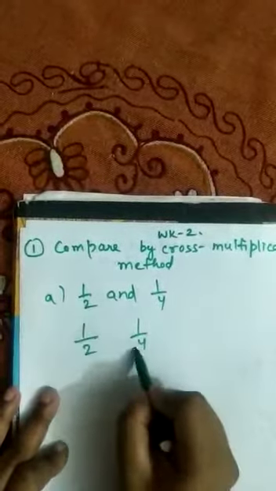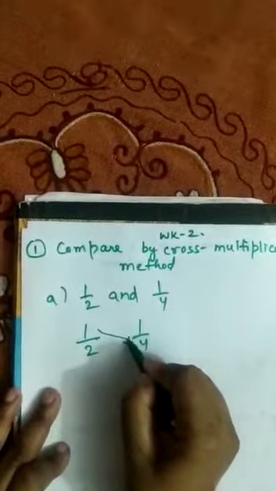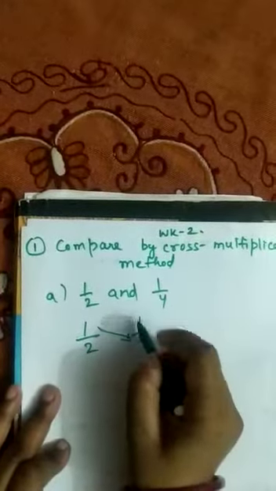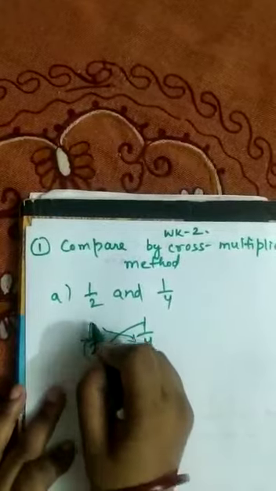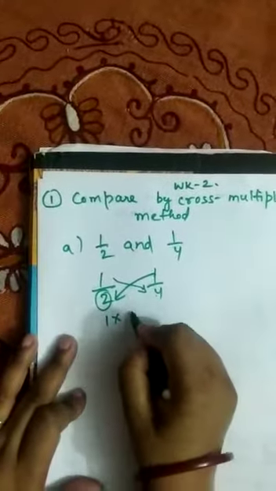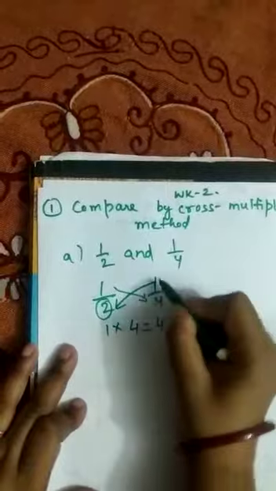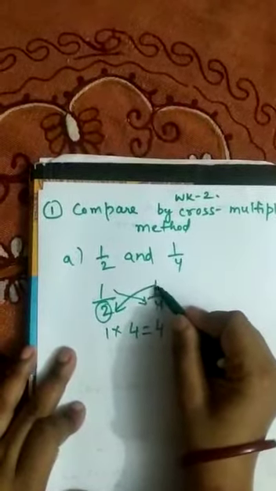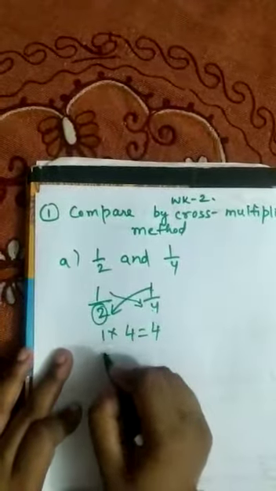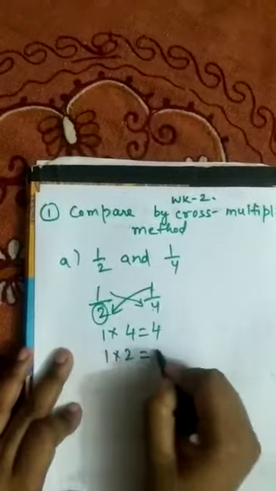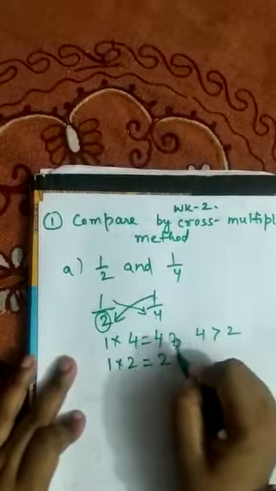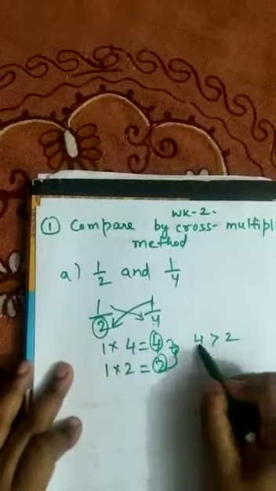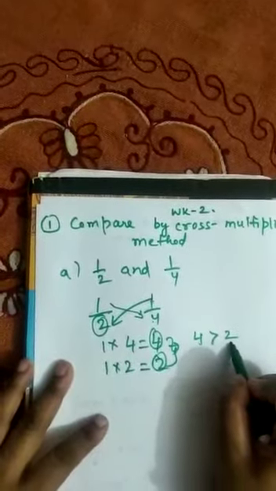This 1 will be multiplied with 4, and this numerator 1 will be multiplied with this denominator 2. So 1 into 4 is 4, and 1 into 2 is equal to 2. So which one is more? 4 is more than 2. We compare these two numbers, 4 and 2. So 4 is more than 2, right?